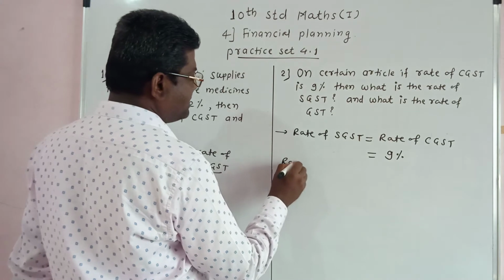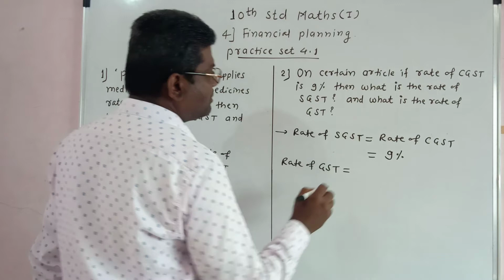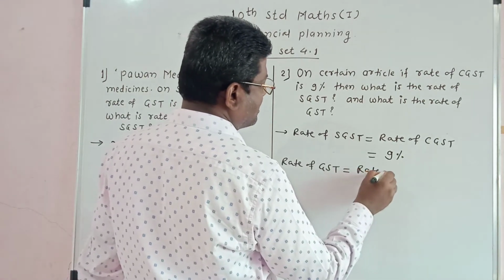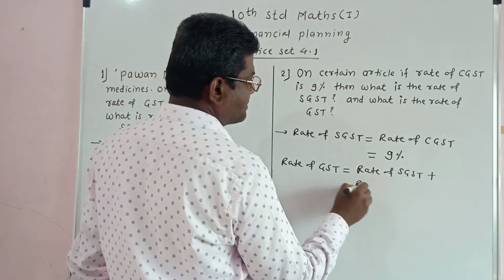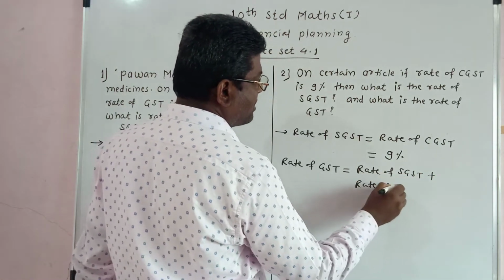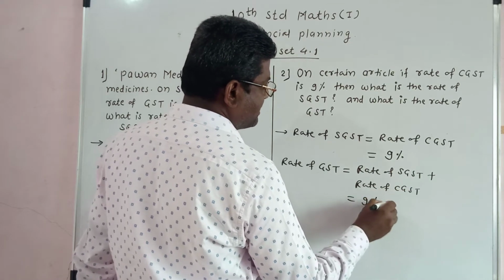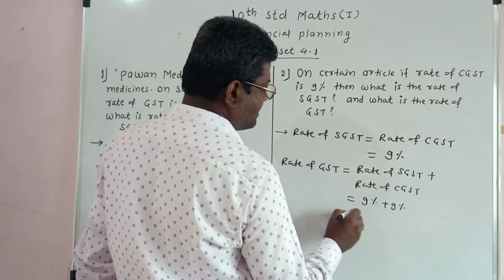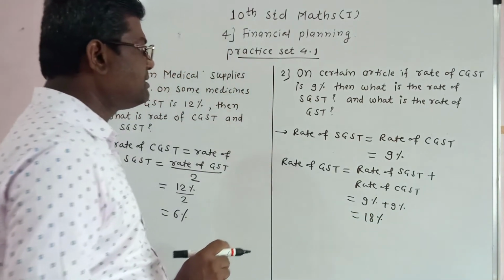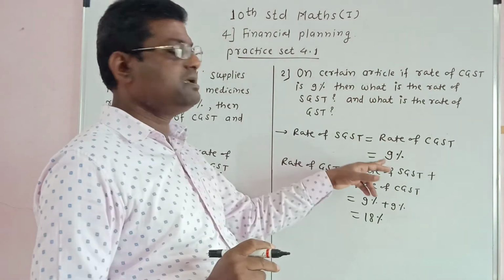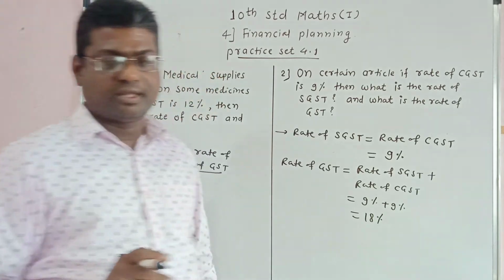Now rate of GST is equal to rate of SGST plus rate of CGST, that is 9% plus 9% is equal to 18%. Therefore our answer is rate of SGST is 9% and rate of GST is 18%.